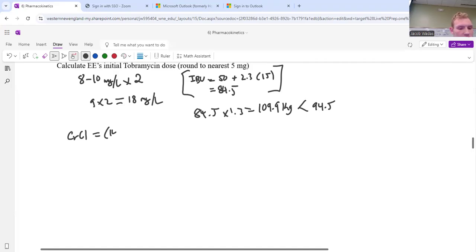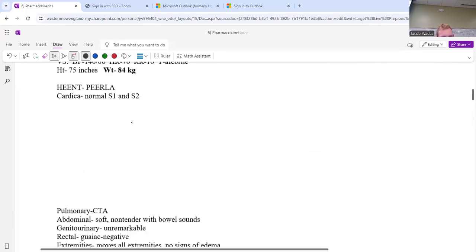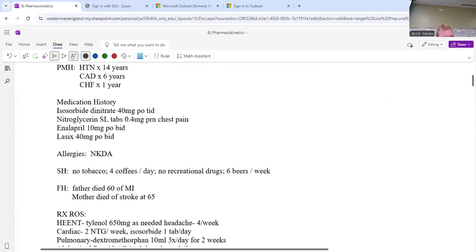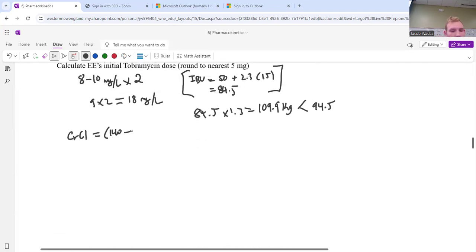Now we can calculate creatinine clearance. 140 minus, what's the age of the patient? 48, thank you. Minus 48, times 84.5. What's the serum creatinine? 1.3.